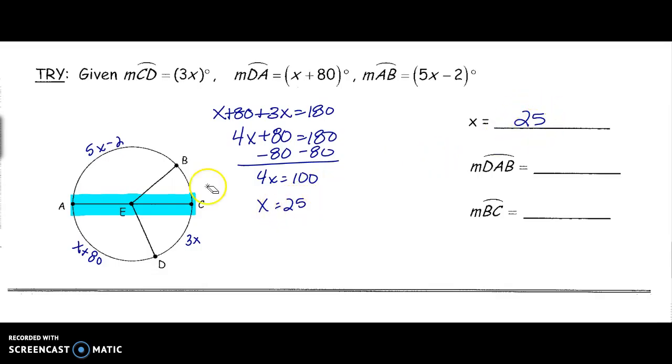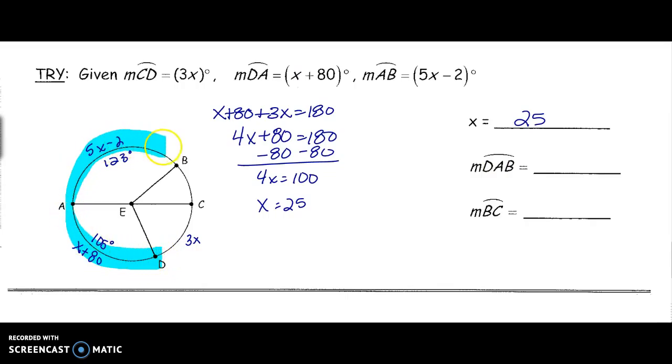So what we're going to do is substitute this 25 into all of what we have. 5x minus 2 is 123, after we know x is 25, and 25 plus 80 is 105. And that is arc DAB. Because we know those two measurements, we are allowed to add them together. So 123 plus 105 is 228.